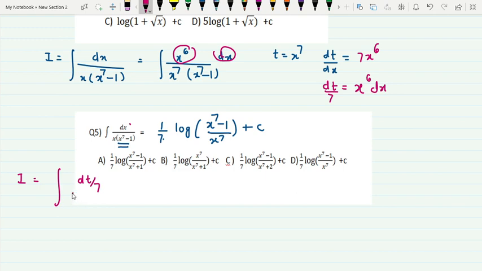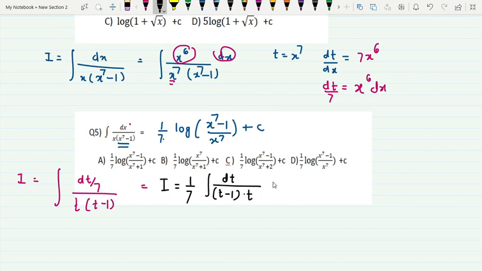And upon this, x raised to power 7 is t, and this is t minus 1, which is then I is equal to 1 by 7 integration dt upon t minus 1 into t, which further we can write.